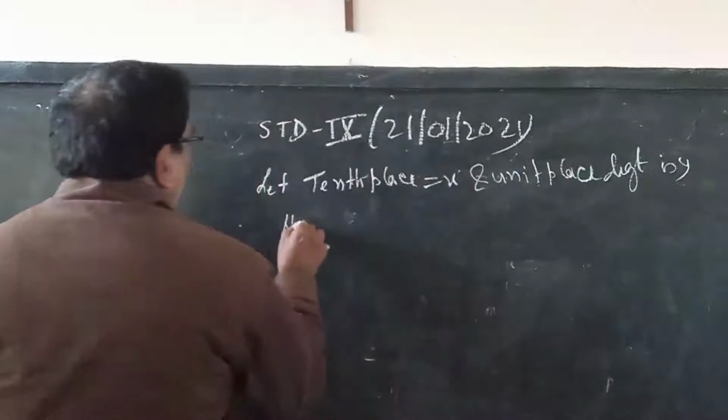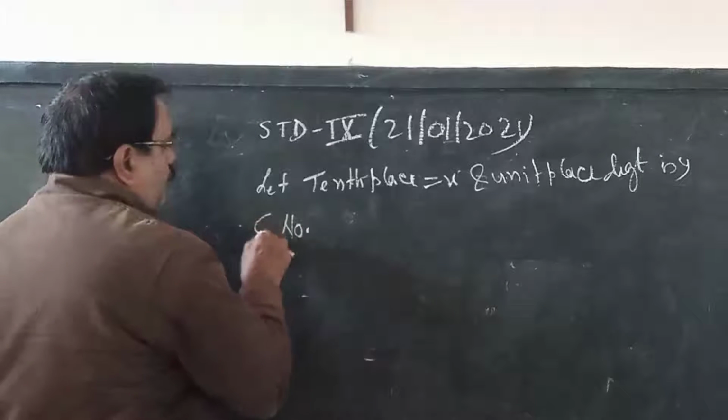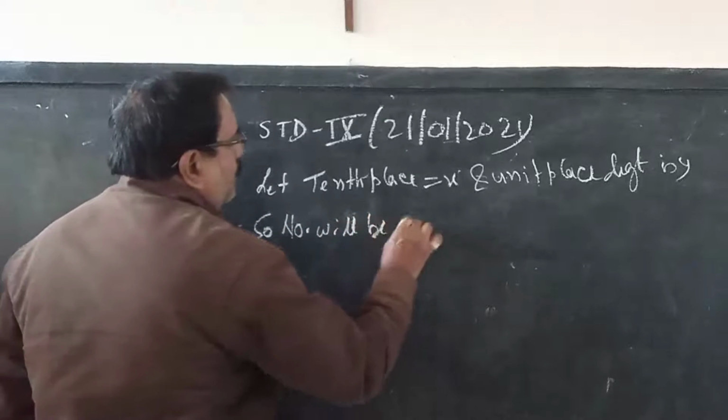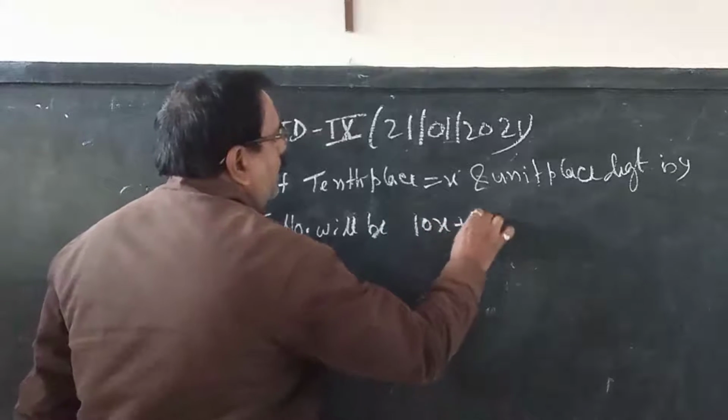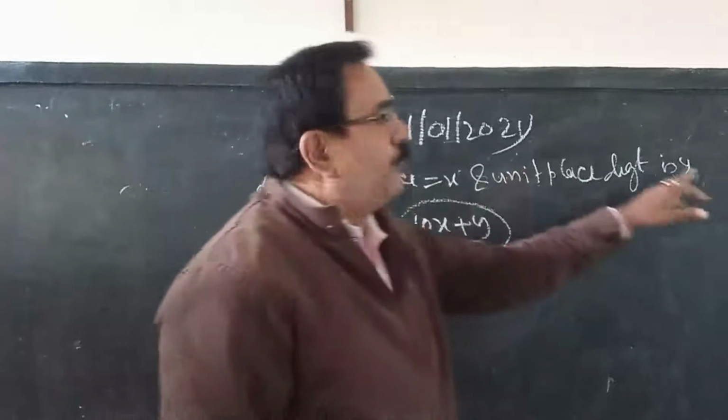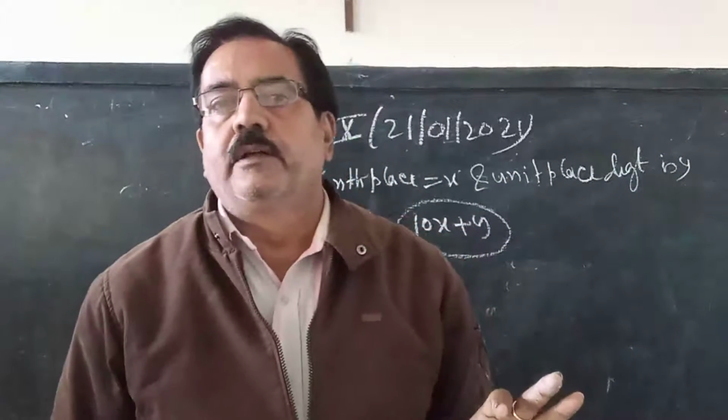So the number will be 10x plus y. This is our number, and x and y are the digits.